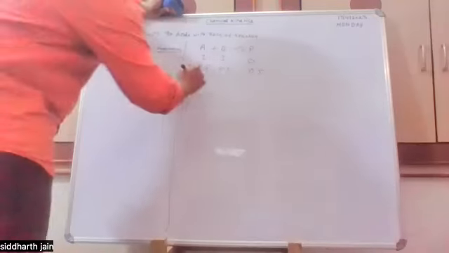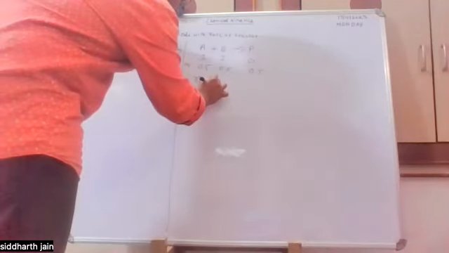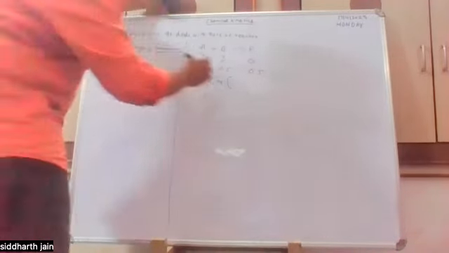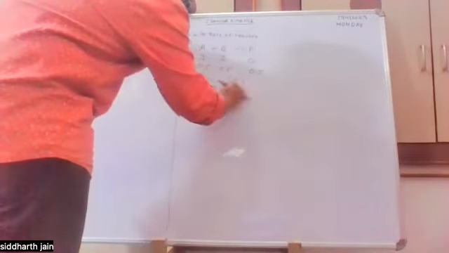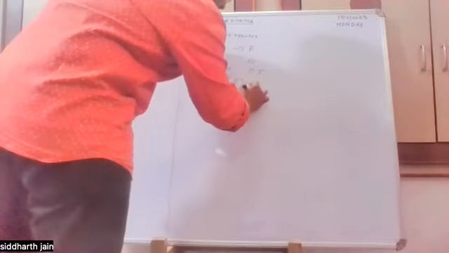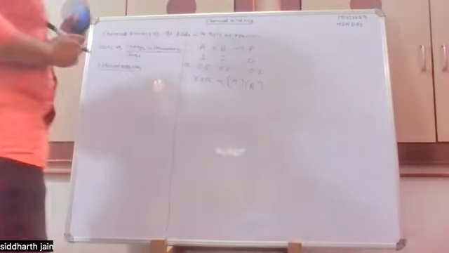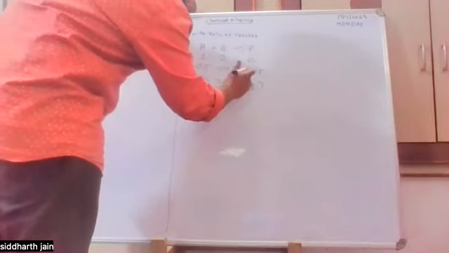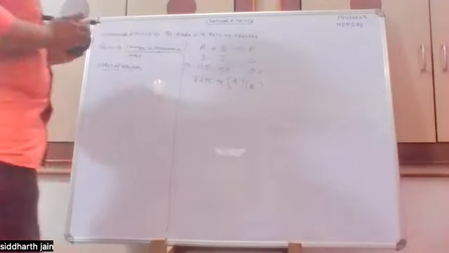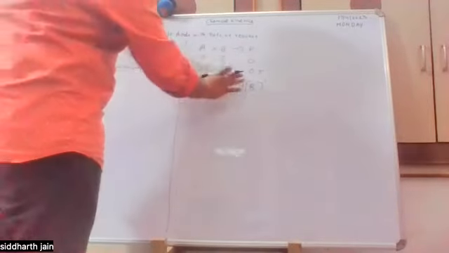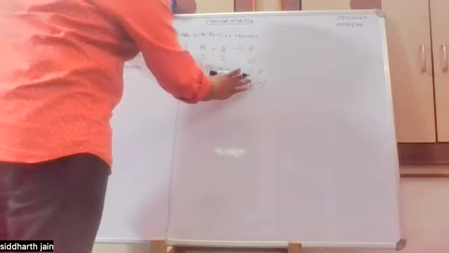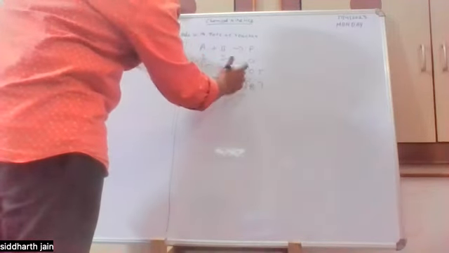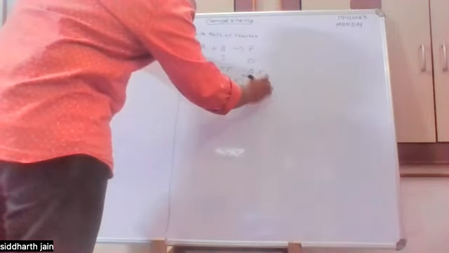Since we have already seen that rate is the change in concentration, I will write that rate is proportional to the concentration of A, and rate is proportional to the concentration of B. But it might not be the same, like we are having power 1 here. The rate may vary with other powers also, like it can be [A]^2[B]^1 or it can be [A]^0.5[B]^1.